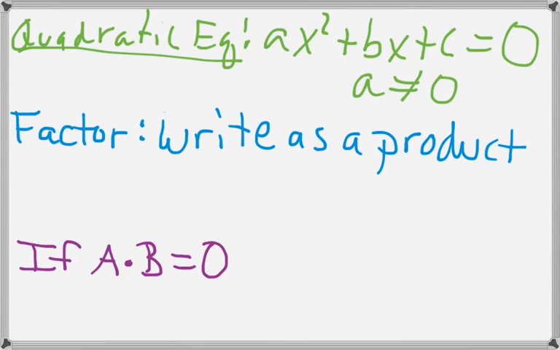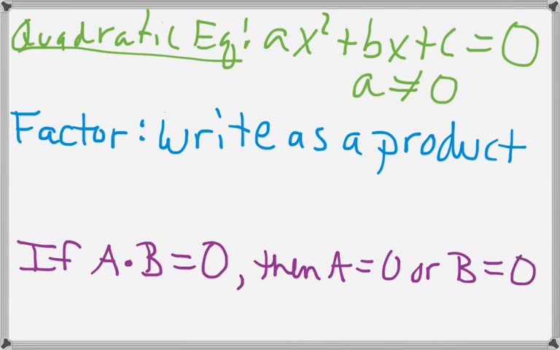If I multiplied them together and I got 0, that means that either a was 0 or b was 0, or maybe they were both 0, but definitely at least one of them had to be 0. So if a times b equals 0, then a equals 0 or b equals 0. That's an inclusive or. They could both be 0. But at least one of them has to be 0.